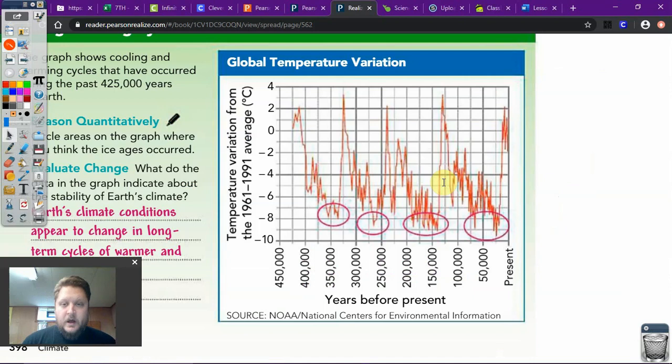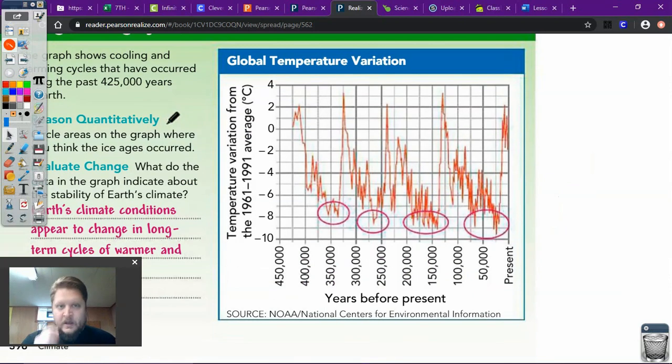All right, everybody. So I am now on page 398. If I look over here at the global temperature variation, global temperature has gone up and down over the lifespan of this planet. If we go back 450,000 years ago, or between 450 and 400,000 years ago, we were at a temperature roughly around where we are today.